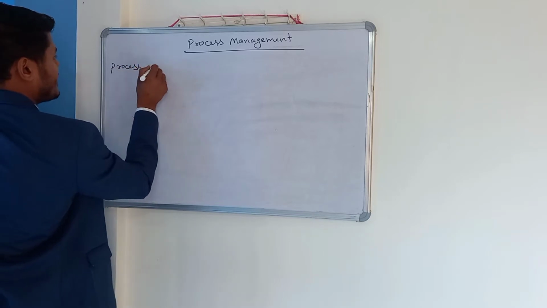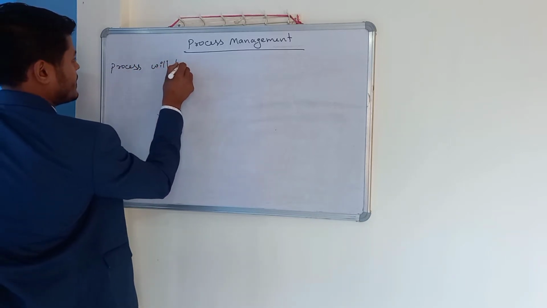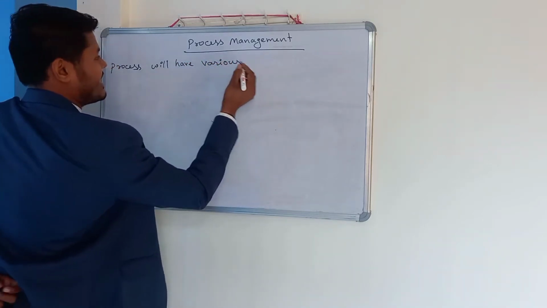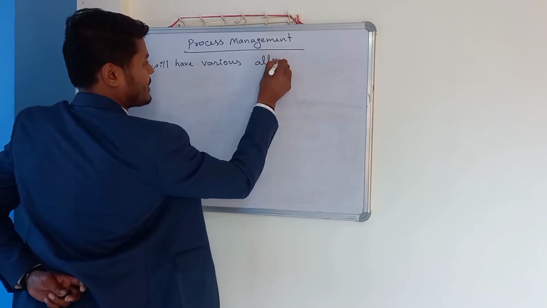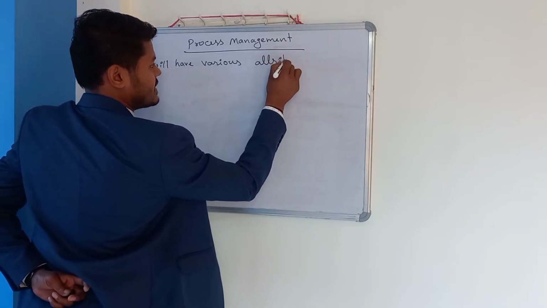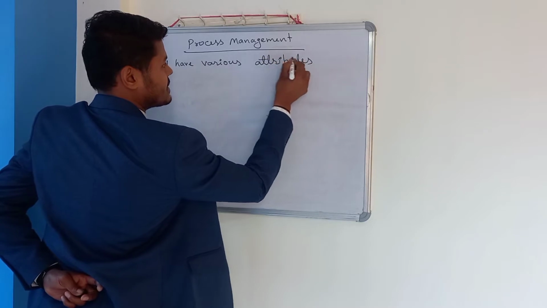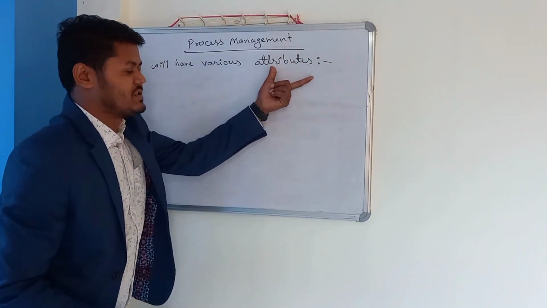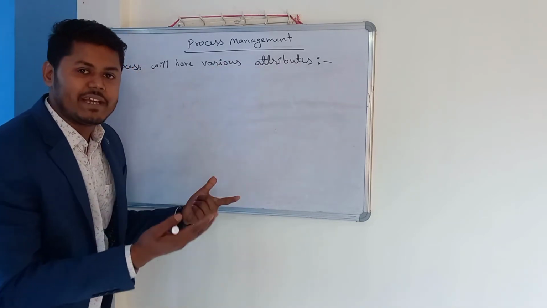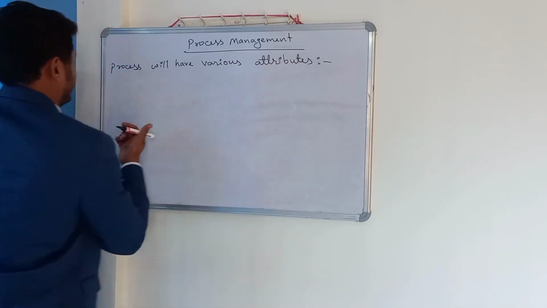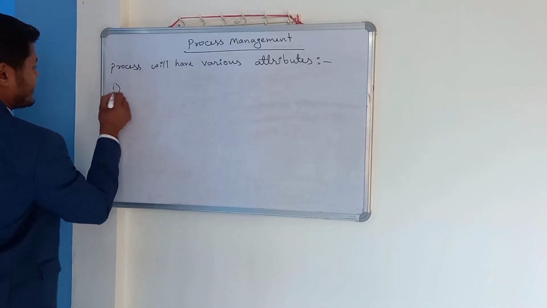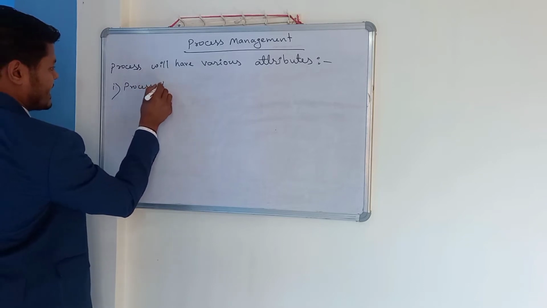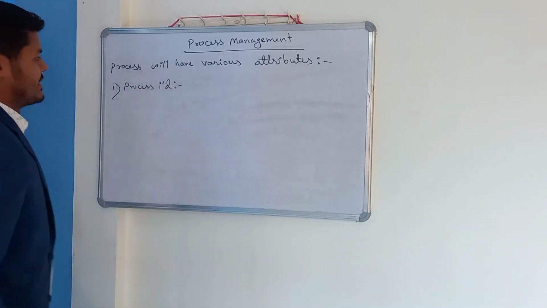There are various attributes, but we are going to discuss some of them. Some of them are the process ID. We'll see one by one.